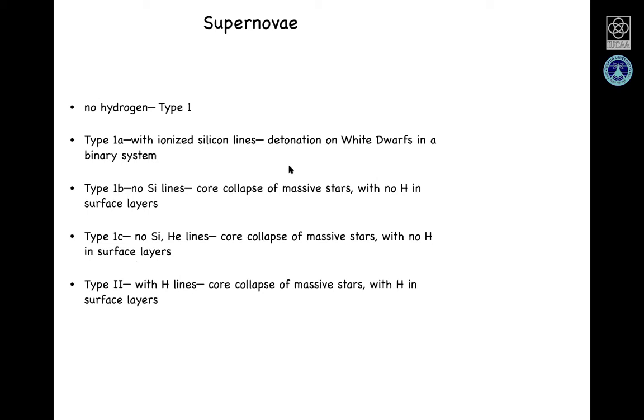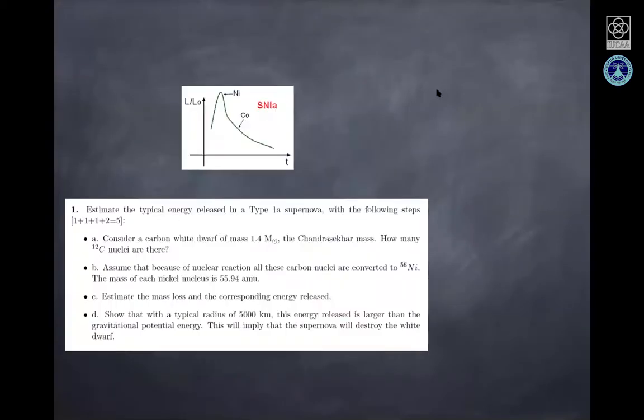Here is what we call a light curve of a type 1A supernova, which means the variation of the light as a function of time. It's an explosion, so suddenly the brightness of this object increases and then slowly decays.